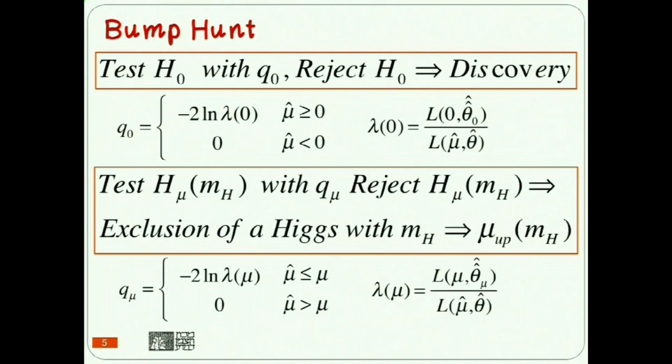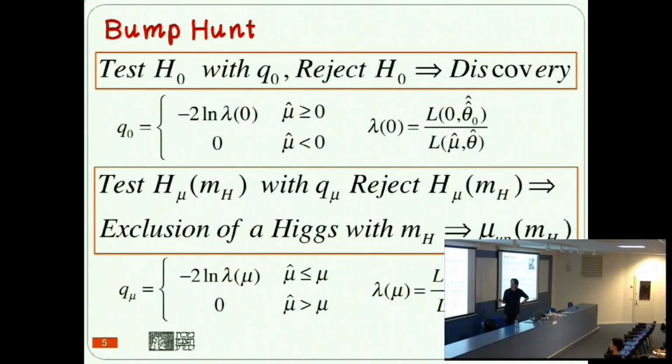So today, yesterday I gave a test case of spin. Today my test case will be bump hunting. When we talk about bump hunting, we can either test the background-only hypothesis with the test statistic we call q0. If we manage to reject H0, we have a discovery. q0 is given simply by -2 log lambda evaluated at 0, so it's L of 0, theta double hat 0, divided by the maximum likelihood.